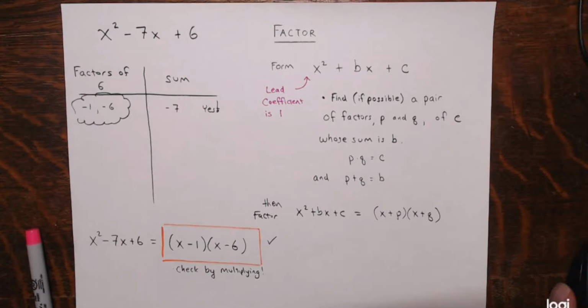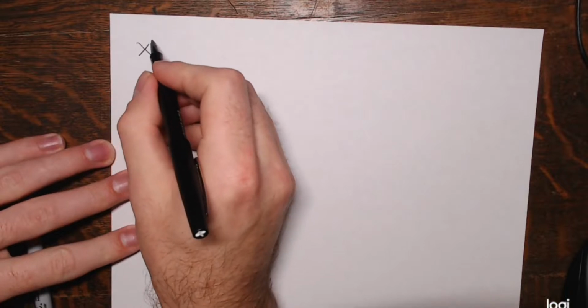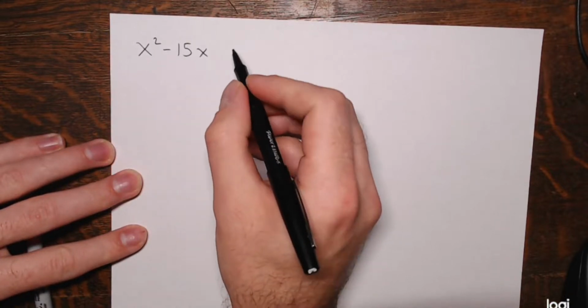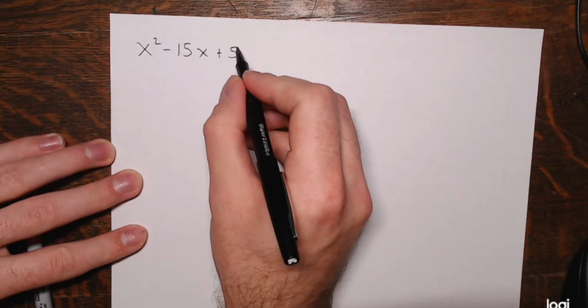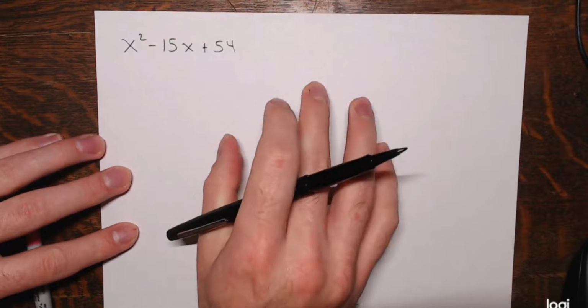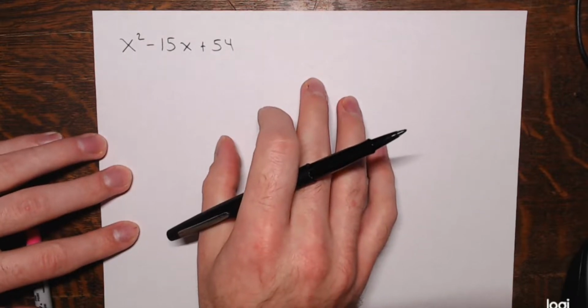All right, so this polynomial is x squared minus 15x plus 54. And again, it's one of those trinomials of that form that I had with the last example, x squared plus bx plus c.